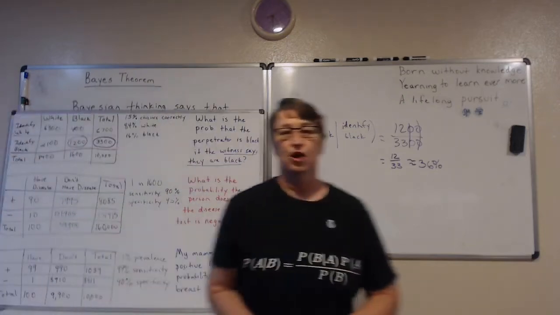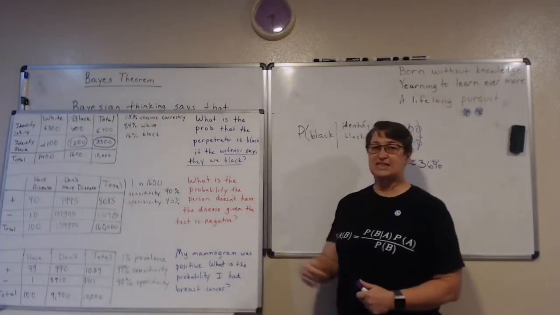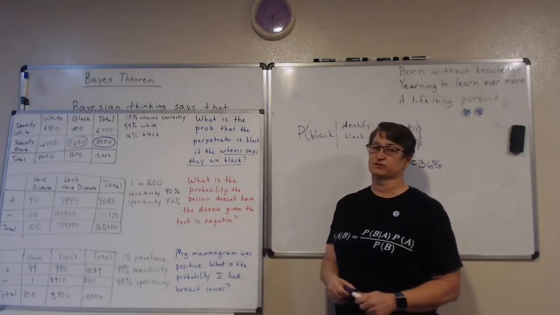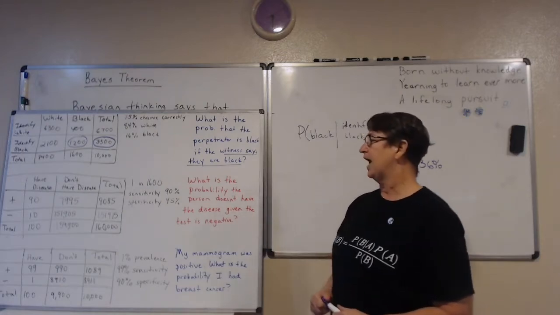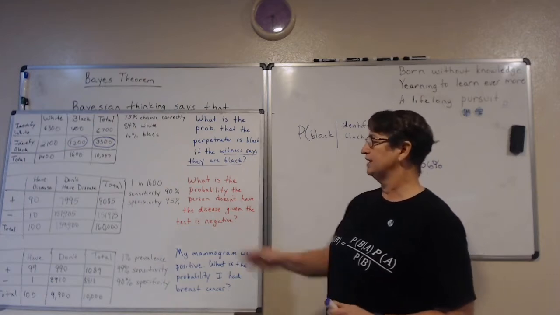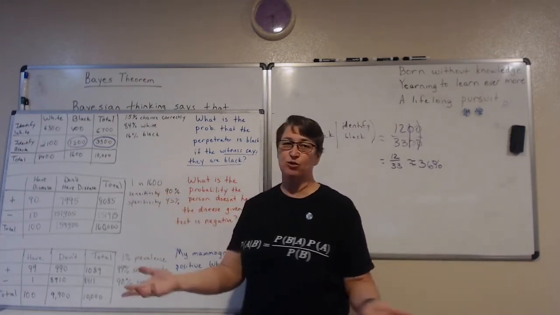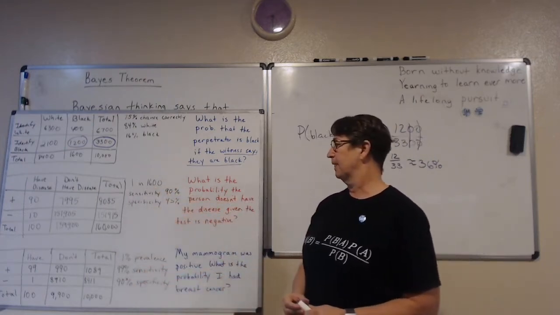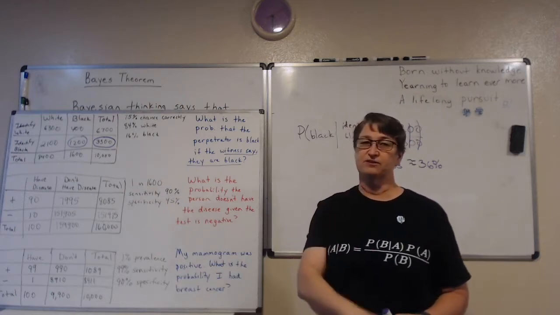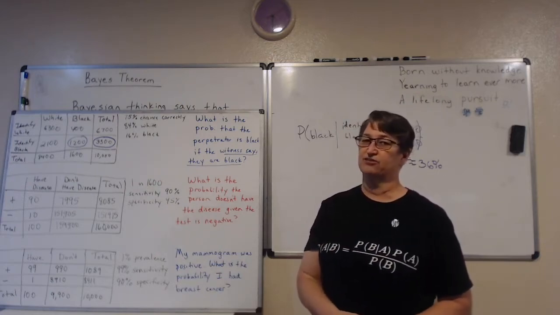And then to our medical testing, because we see this constantly within our medical system. Here we have a 1 in 1,600 chance of having whatever disease it is. So when I walk into the doctor's office, it's a 1 out of 1,600 chance that I actually have it.